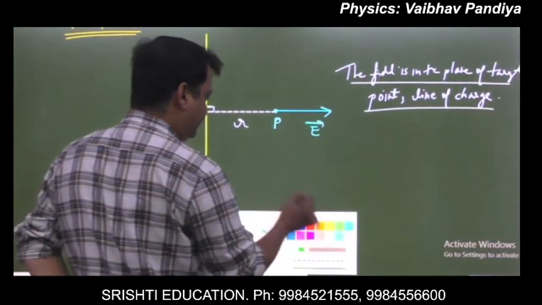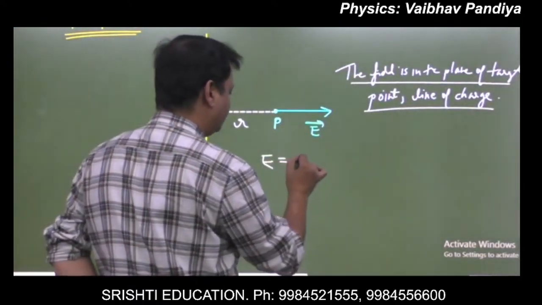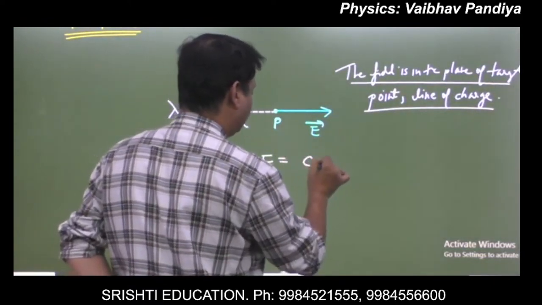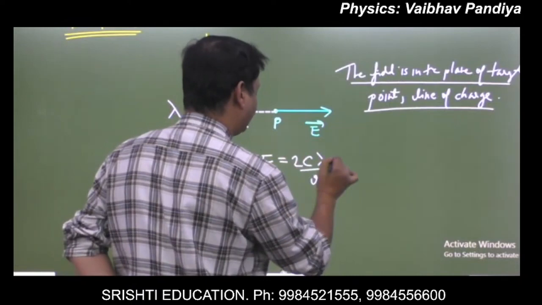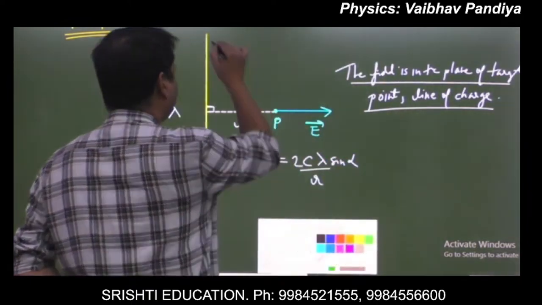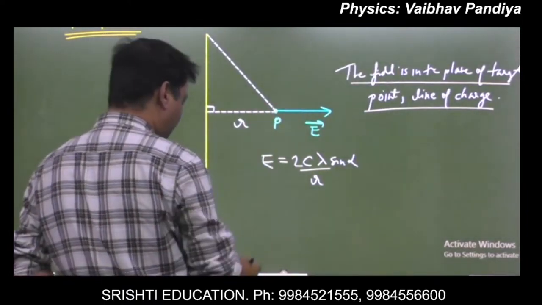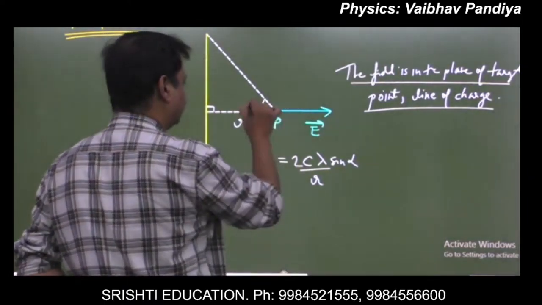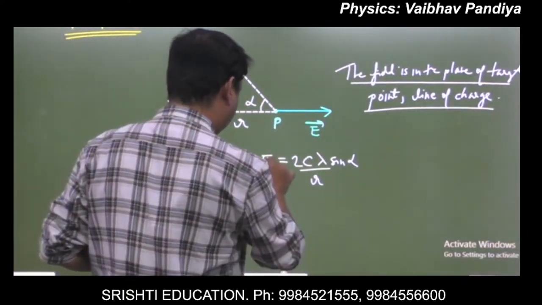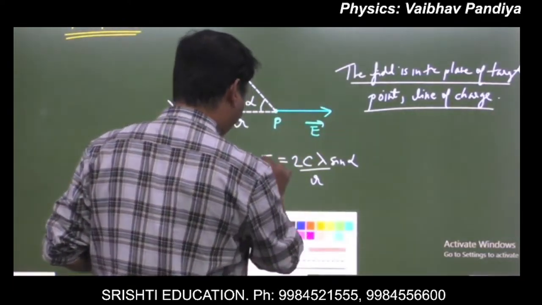And you can write E as how much? 2c lambda by r, twice of sine alpha, where alpha will be what? You can take any angle, either from the upward point or the downward point, both the angle will be same, this. Okay, so this will be your magnitude of the electric field.